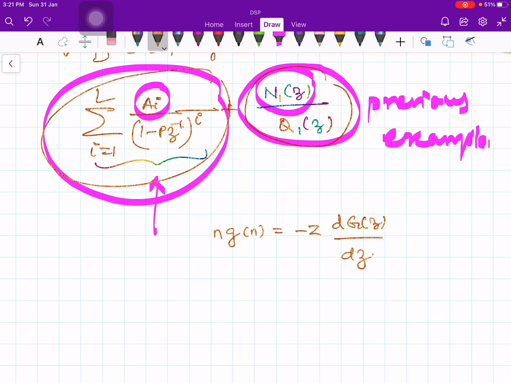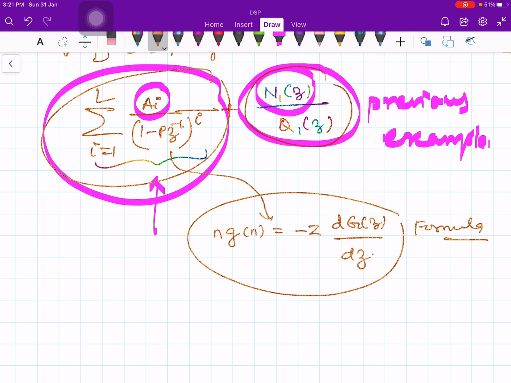Now the next question is, how do you find out the constants a1, a2, a3, a4 and all? Finding the inverse Z transform is not a problem. You can use this formula and find the inverse Z transform. It's very easy. But the critical thing is, we need to find out the constants a1, a2, a3 up to aL. So how do you find these a_i's, the coefficients?